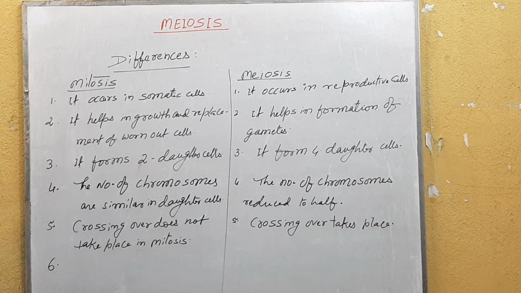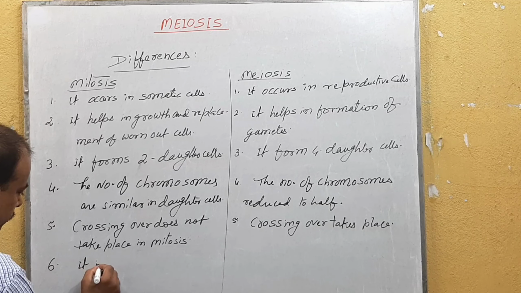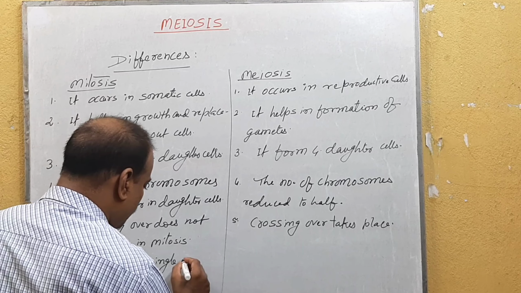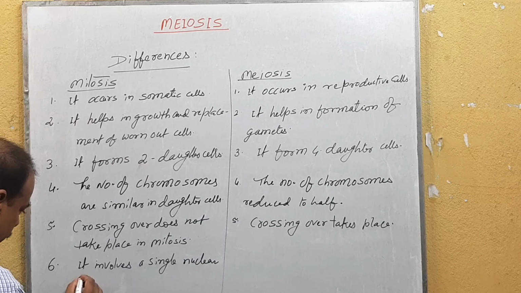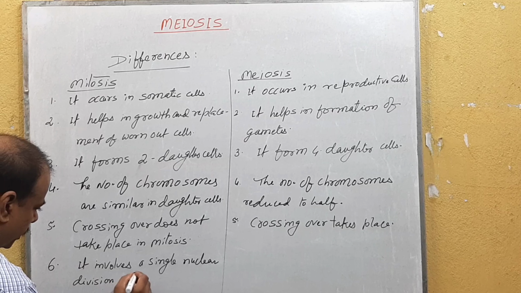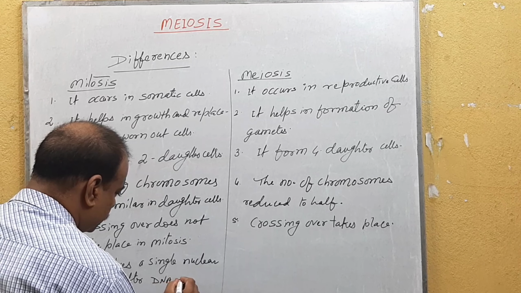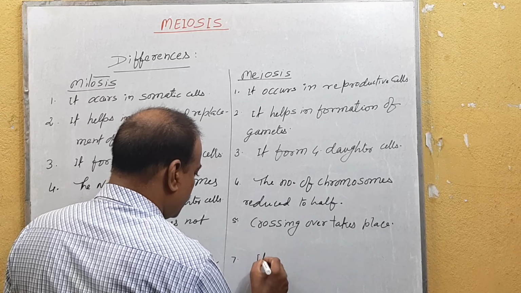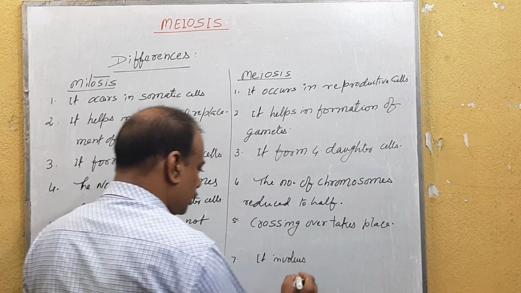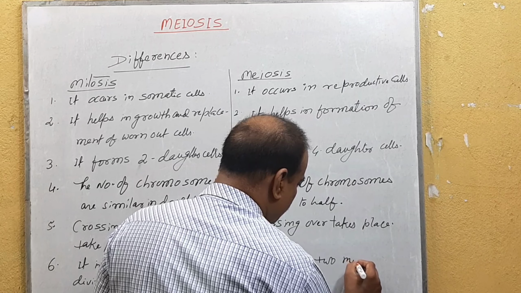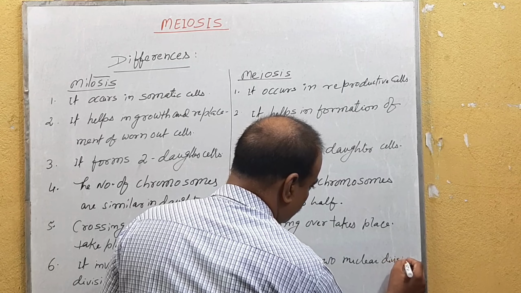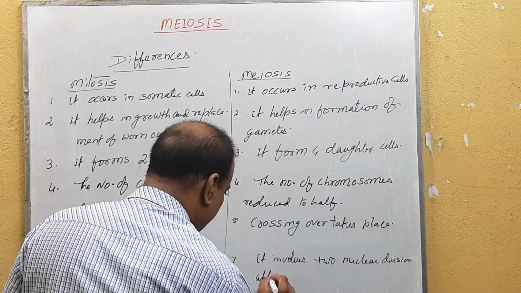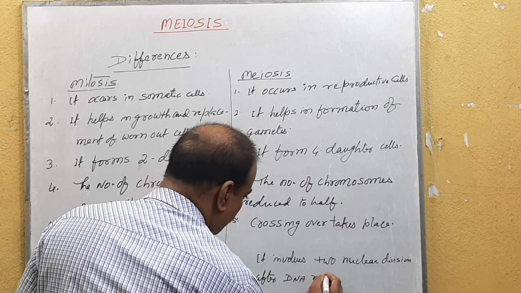Number 6, mitosis involves a single nuclear division after DNA replication, whereas meiosis involves two nuclear divisions after DNA replication.